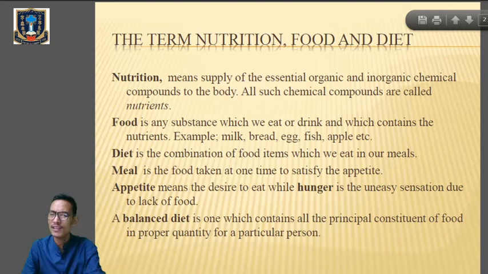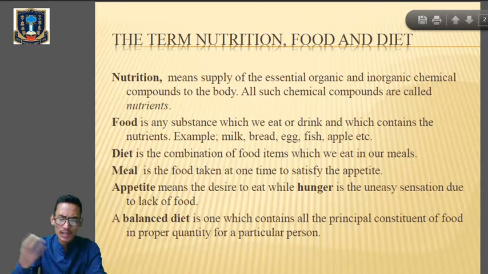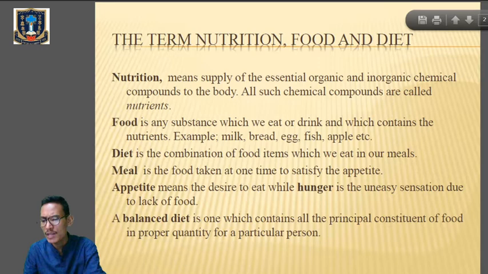Those chemical substances which are utilized by plants and animals for their growth or to perform other physiological functions are known as nutrients. So nutrients must be there in our food in order to get proper nutrition.